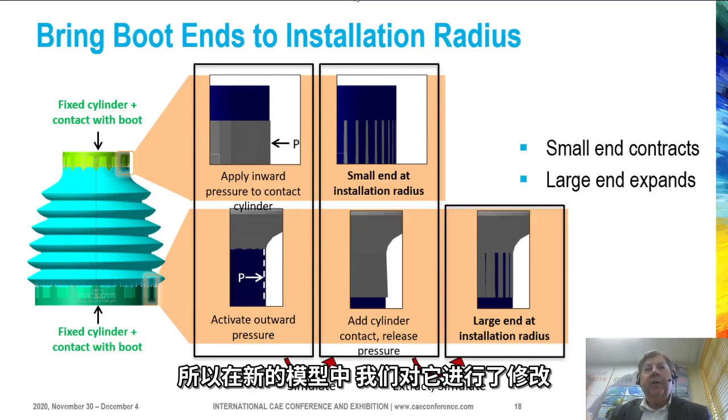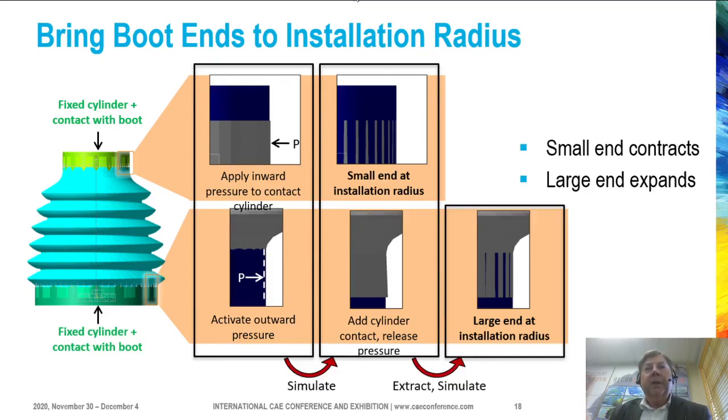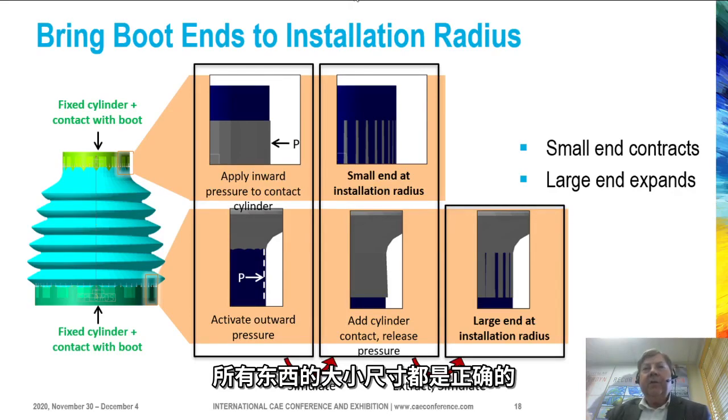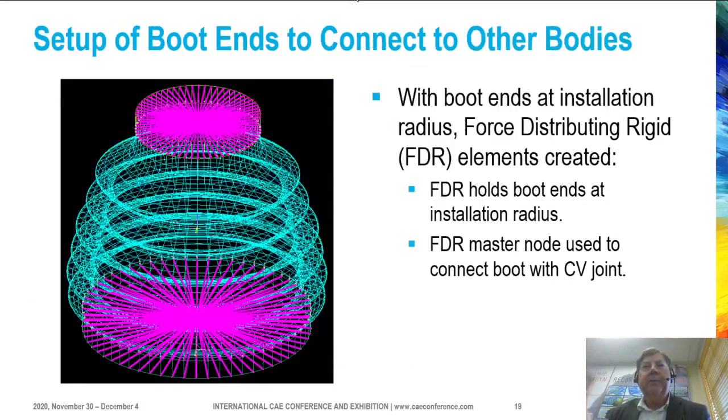So then with the new model, we modified it to lock in the small end because it was in the right position, and to then add contact with the bell housing and release the pressure on the large end. And then we ran that simulation and everything was sized correctly, so then we had our third model, and then we locked in the large end so that everything would match.